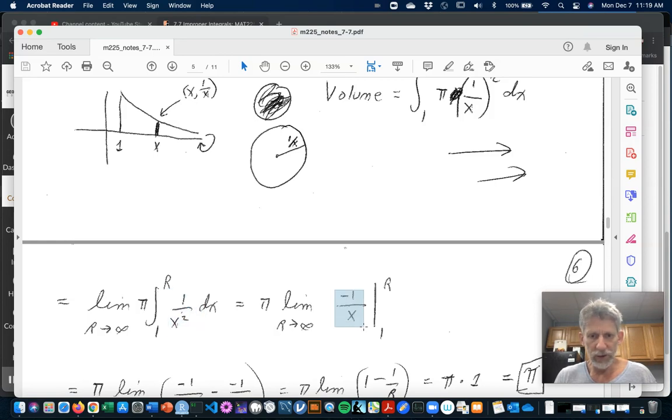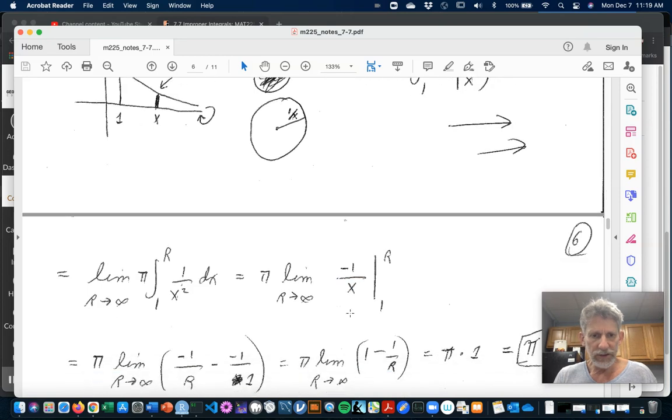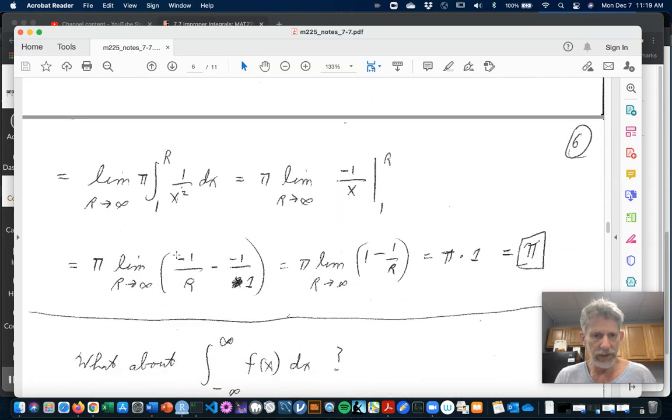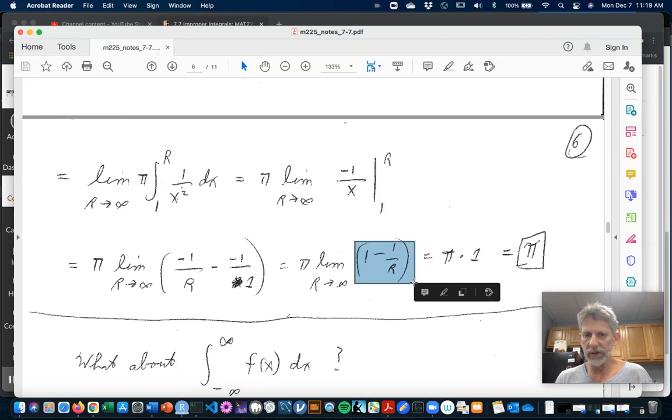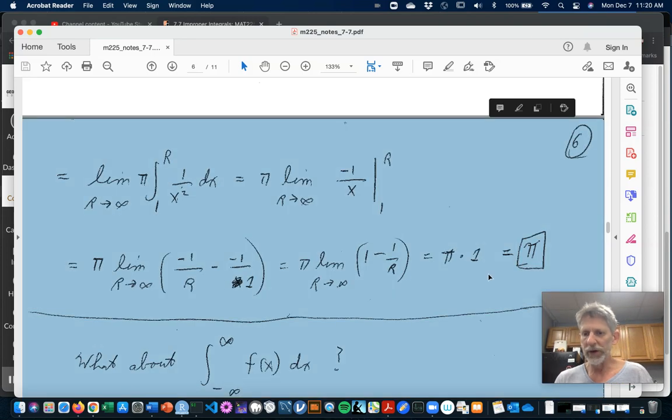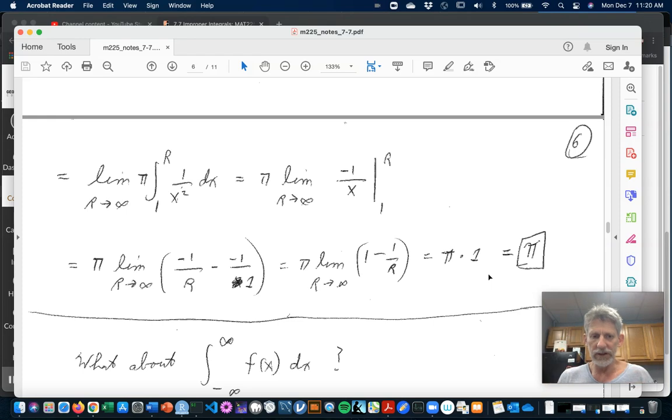So again, minus 1 over x, evaluated from 1 to r. Okay, and we have this expression here, which simplifies. This bit here just becomes 1. And we got 1 minus 1 over r. R is going to infinity, so this expression is going to limit out to 1, and so we have pi times 1. Pi cubic units of water would fill Gabriel's horn, even though it's infinitely long.